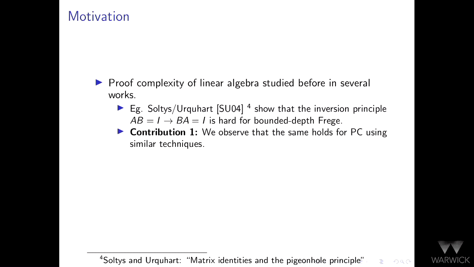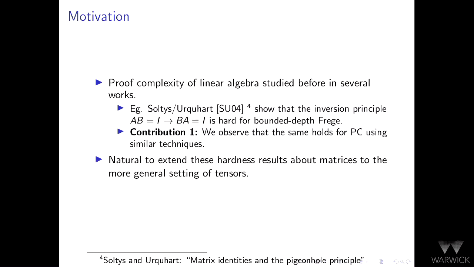And so in one of our theorems in this work, we observed that the same holds for polynomial calculus using similar techniques. And so it's natural to extend these hardness results about matrices to the more general setting of tensors.